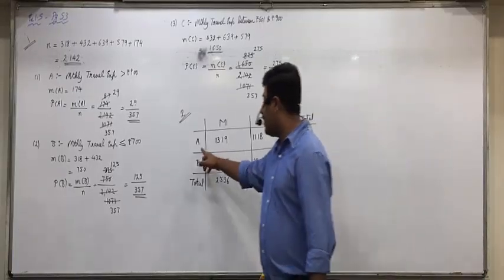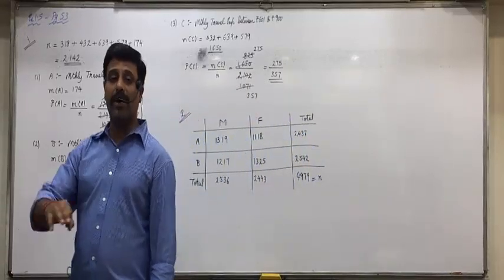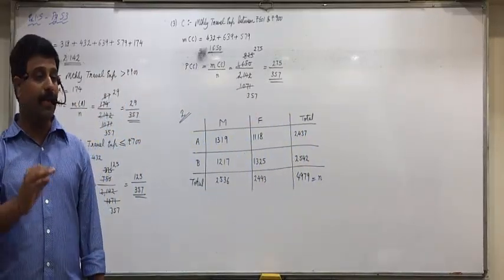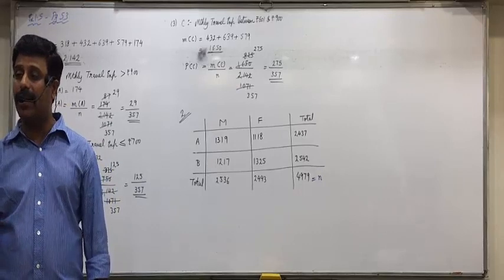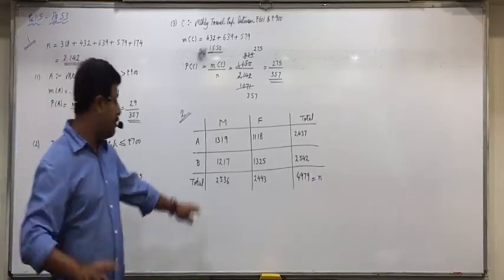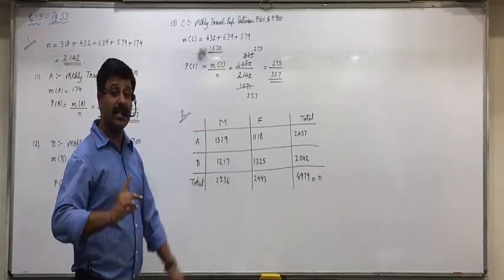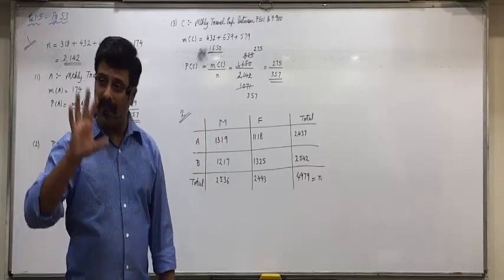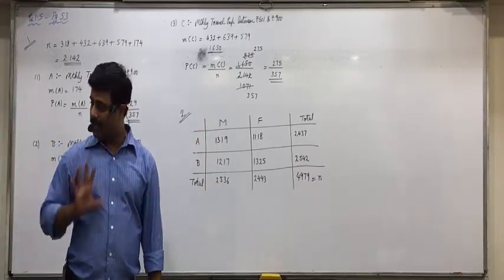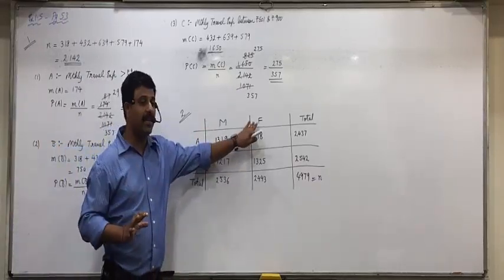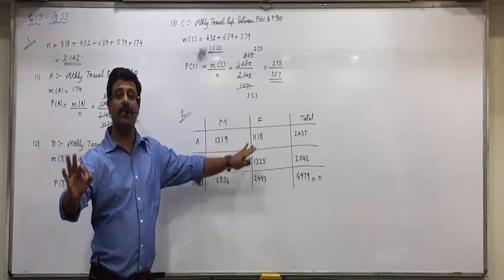Let event A be the event that the voter is supporter of party A. Let event B be the event that voter is supporter of party B. Let event M be the event that voter is male, don't write supporter of male. The voter is male. And let event F be the event that voter is female.